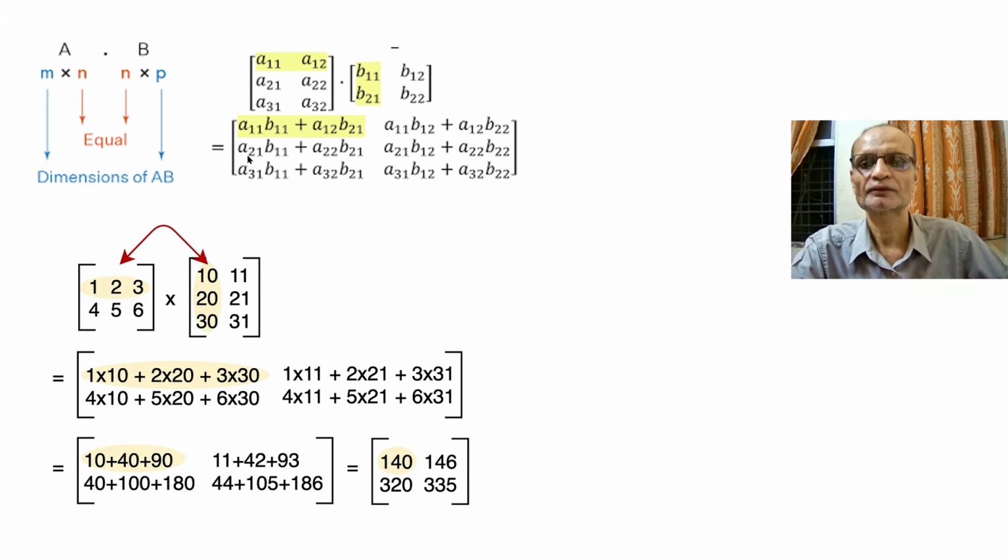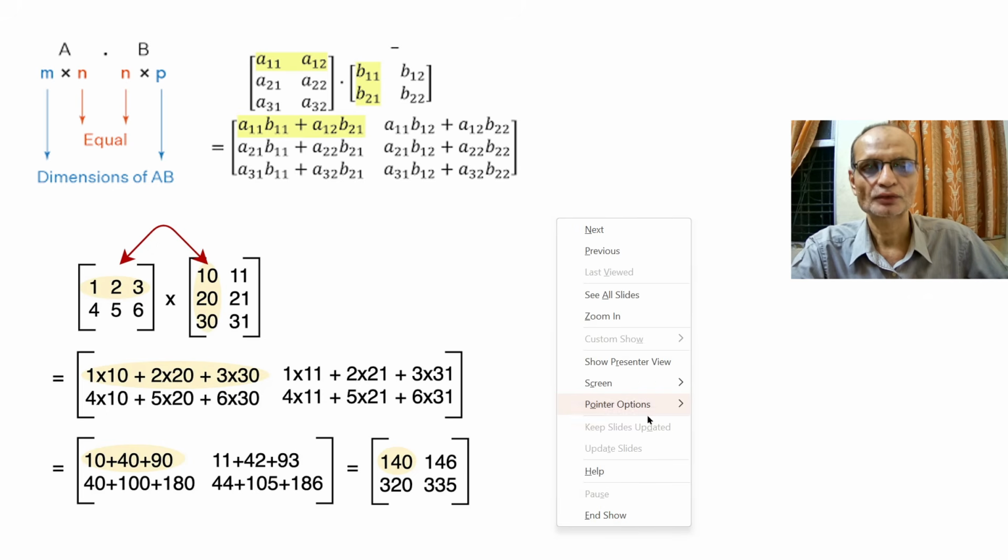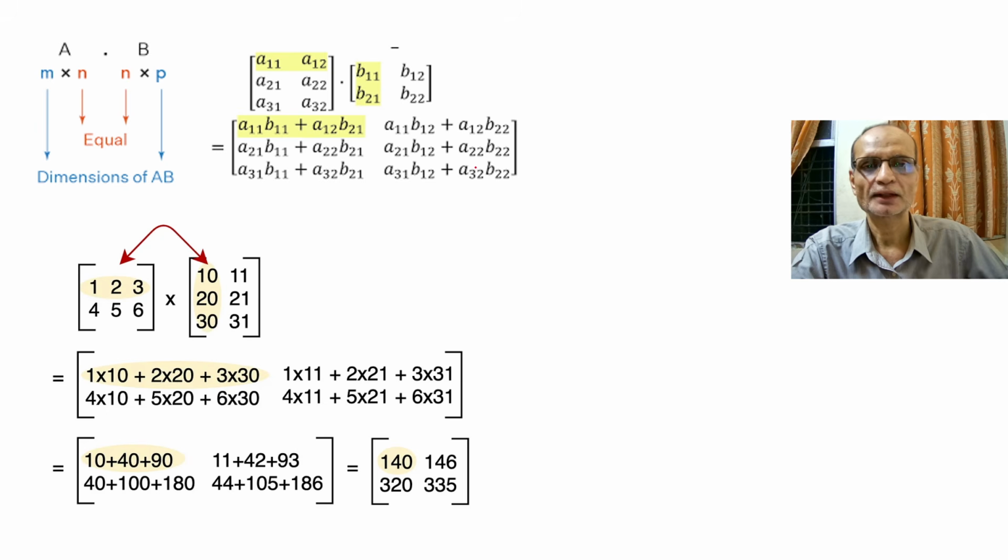Similarly, this is the 0th row, this is the first row, and this is the second row. So you can just compute using this equation, which is very simple now. This row gets multiplied with the column, and similarly this row gets multiplied with this column to give this element.